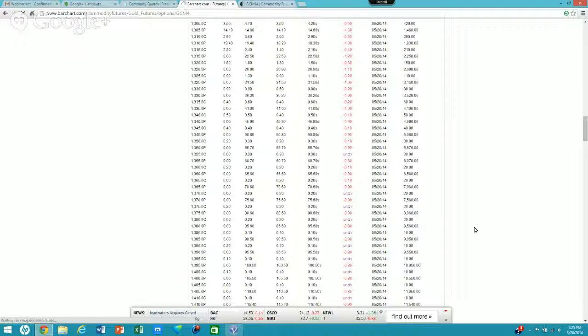But if it stays right in here, and it stays in here for the next week in this little range, you could make some pretty good money.